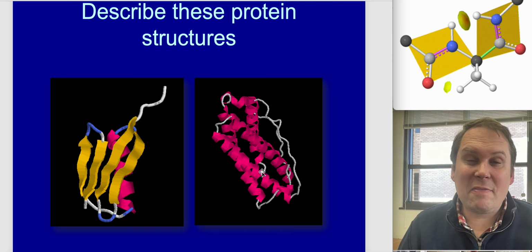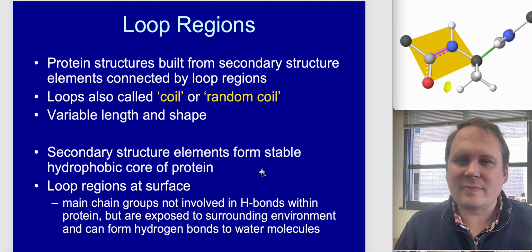Those random coil bits, or loop regions, are areas where you get a lot of genetic variability, because the things that are hydrogen bonded are actually holding the protein together in a particular shape. The loops are just there so that you can turn and make that next anti-parallel beta strand, or so you can turn and get that next alpha helix going where it can interact with the rest of the molecule.